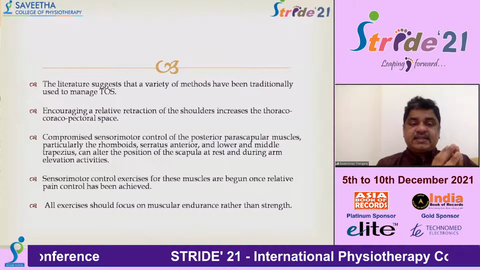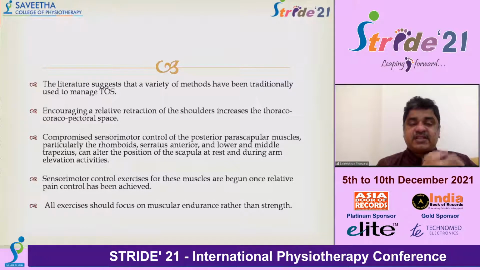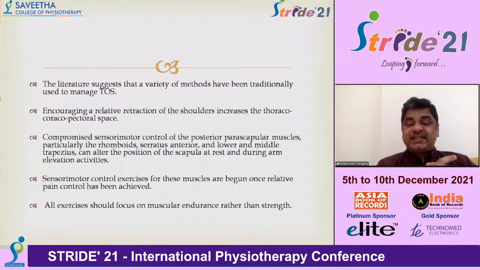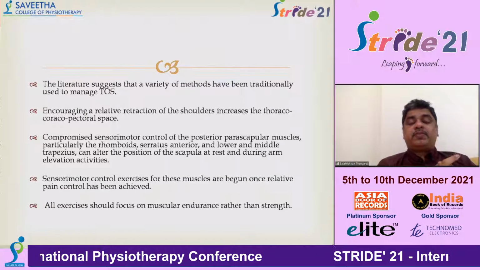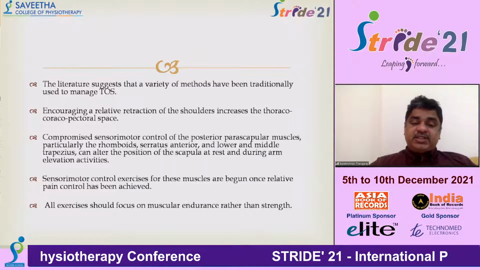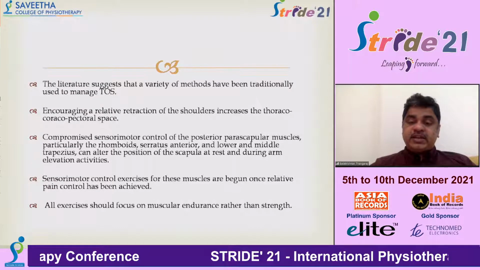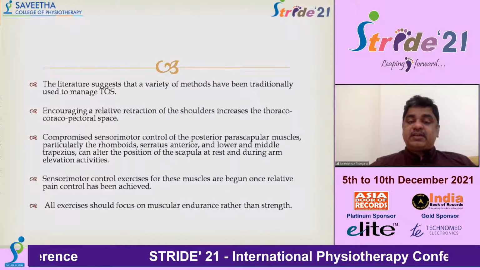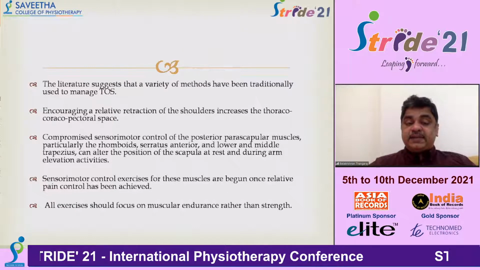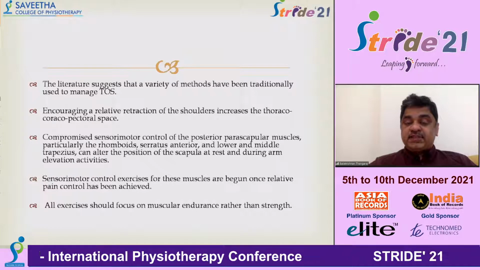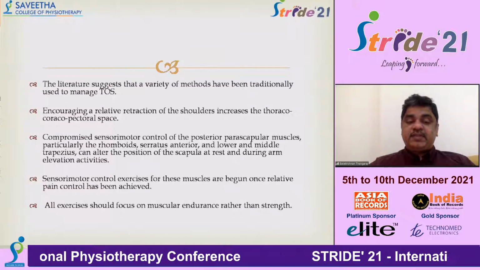The literature suggests that a variety of methods have been traditionally used to manage TOS. Encouraging relative retraction of the shoulders increases the costoclavicular space. Compromised sensory motor control of the posterior periscapular muscles, particularly the rhomboids, serratus anterior, and lower and middle trapezius, can alter the position of the scapula at rest and during arm elevation activities.